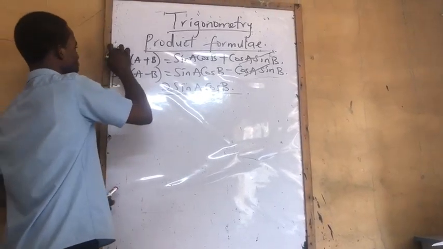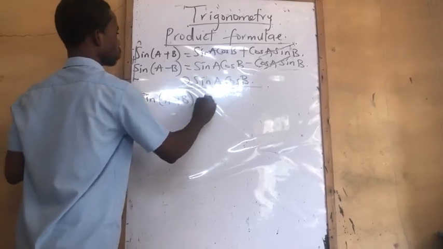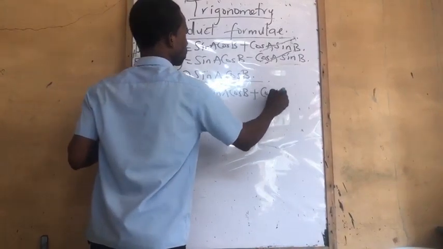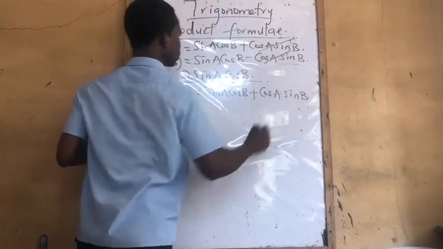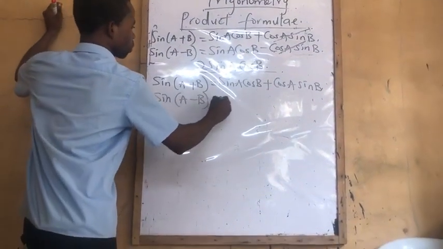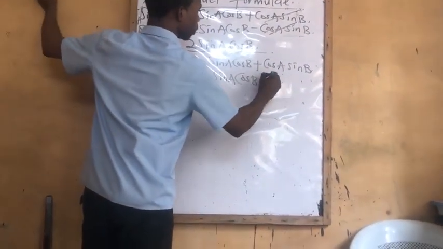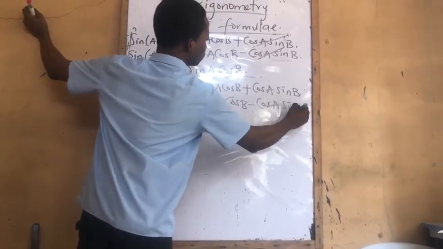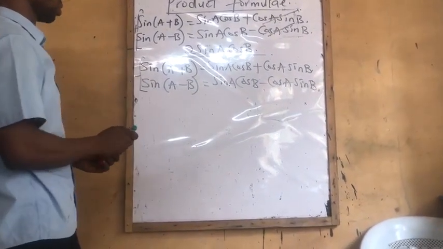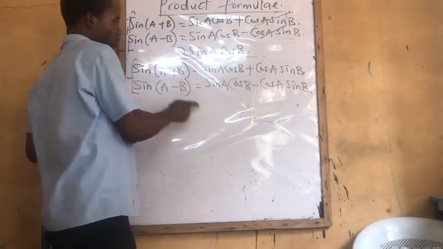But if I subtract sine A plus B, which equals sine A cos B plus cos A sine B, and sine A minus B, which equals sine A cos B minus cos A sine B, the sine A cos B terms cancel because I subtract.